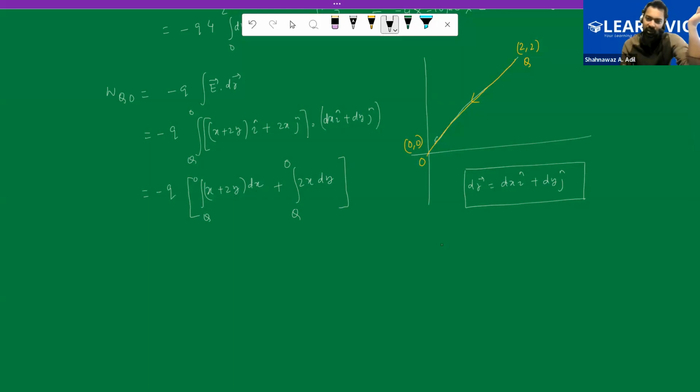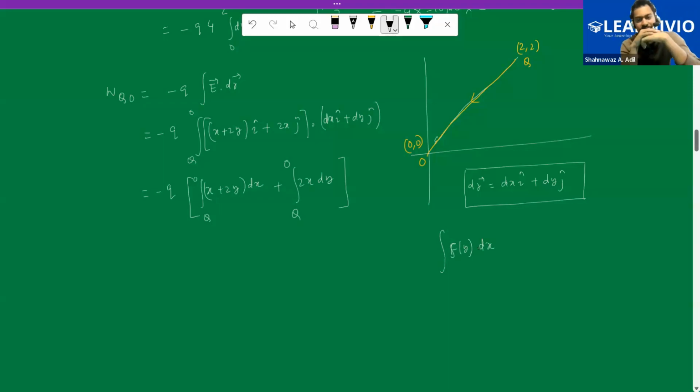If I want to integrate a function of y with respect to dx, is this possible? No, this is not possible. So somehow we have to change this y.